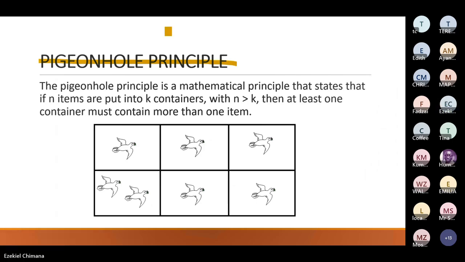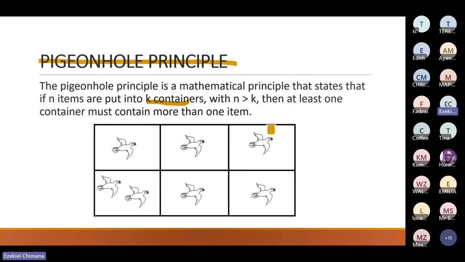Okay. So the Pigeonhole principle is a mathematical principle that states that if n items are put into K containers with n greater than K, then at least one container must contain more than one item.